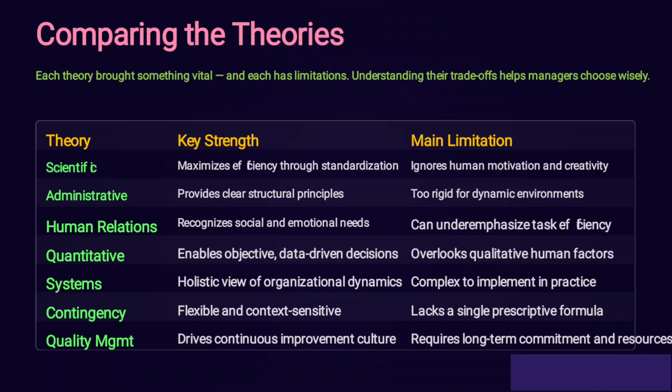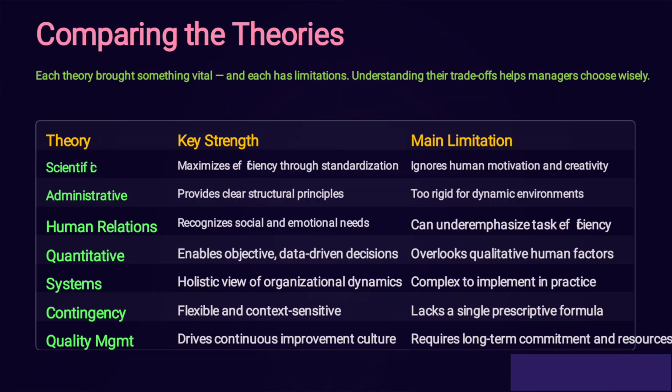Human relations theory recognizes social and emotional needs. The main limitation is that it can underemphasize task efficiency. Quantitative management theory's main key strength is enabling objective data-driven decisions. The limitation is that it overlooks qualitative human factors. Systems theory gives a holistic view of organizational dynamics.